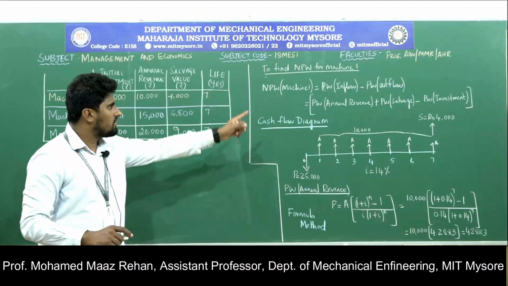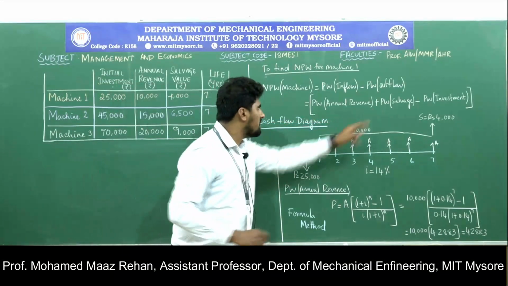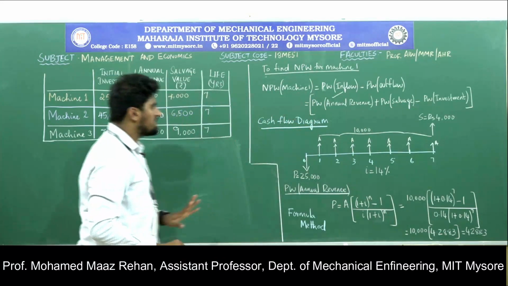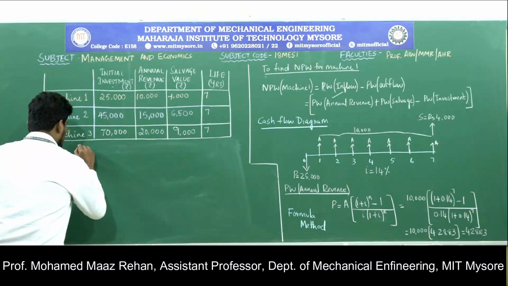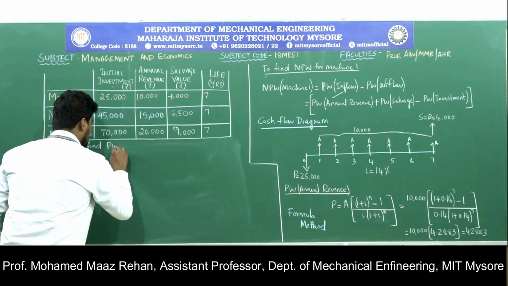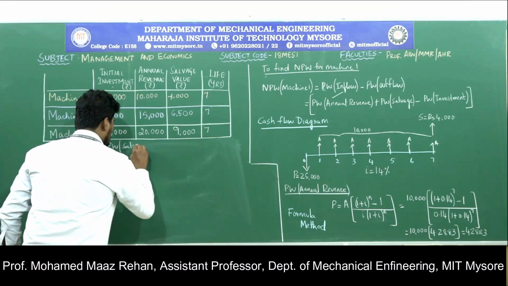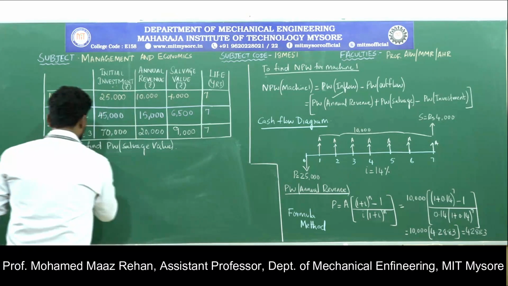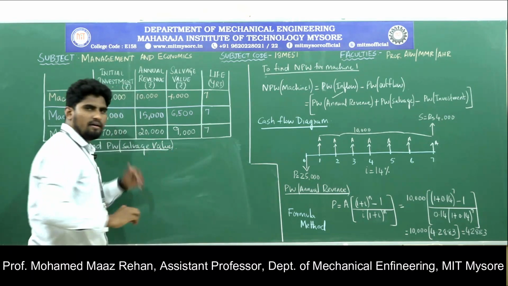Next, we shall find out the present worth of salvage value. This part we have completed. Next, we shall find out the present worth of salvage value. Salvage value is nothing but a future amount.